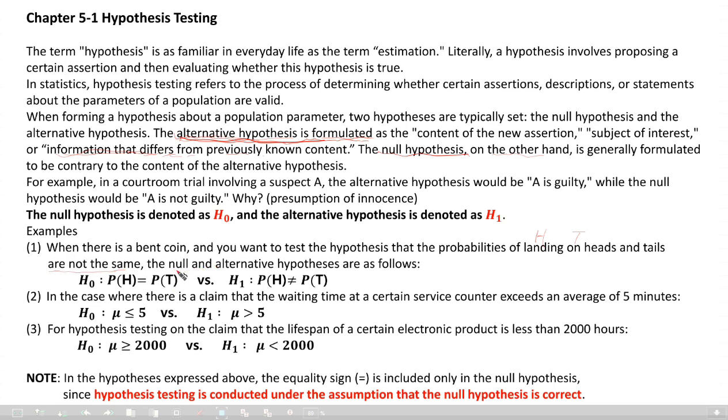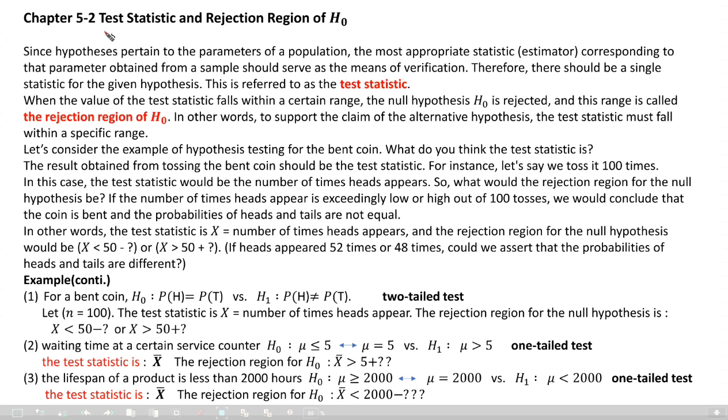So the null and the alternative hypotheses are as follows. H1, the alternative hypothesis: the probability of head is not equal to the probability of tail. Here you focus on the alternative hypothesis. Okay, let's see today how to test a hypothesis.